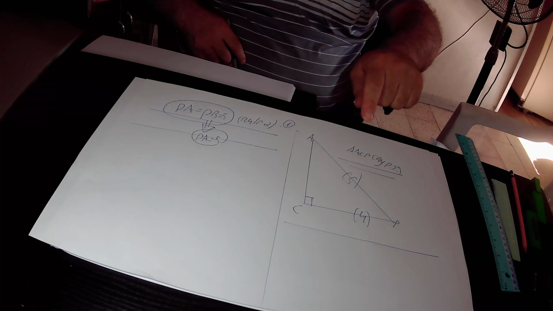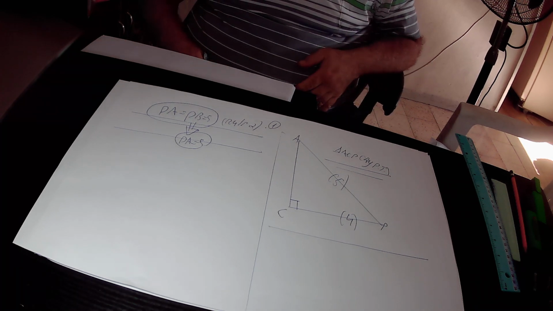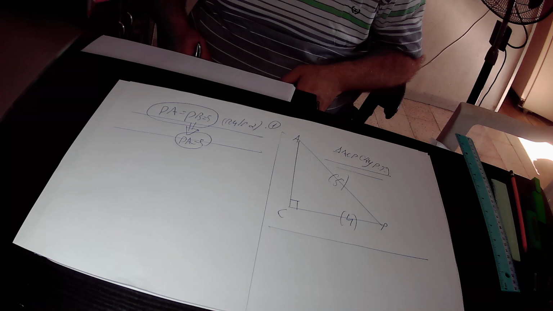So actually this is the right triangle ACP that I got from the original drawing.